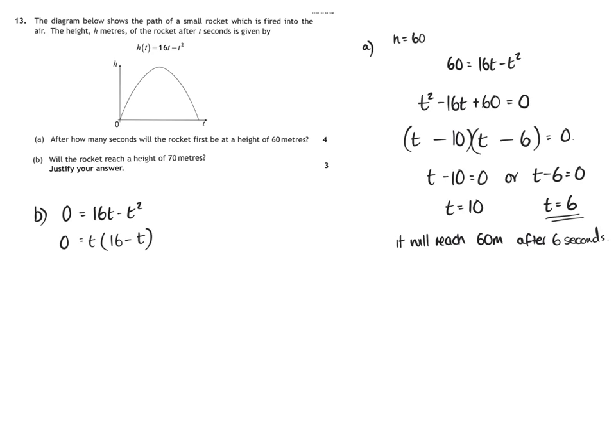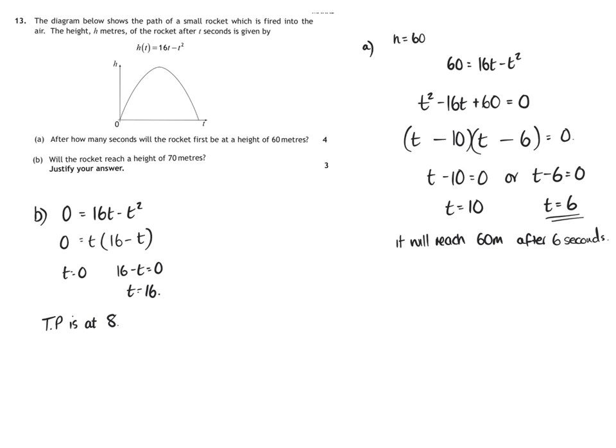Okay, so this is to find our roots. So we set our y equal to 0 to find the roots. So we're going to get that t is equal to 0, or 16 minus t is equal to 0. So we get t is equal to 16. Okay, so the turning point is at 8, because it's symmetrical, so the turning point is going to be halfway in between, so the turning point will be at 8.